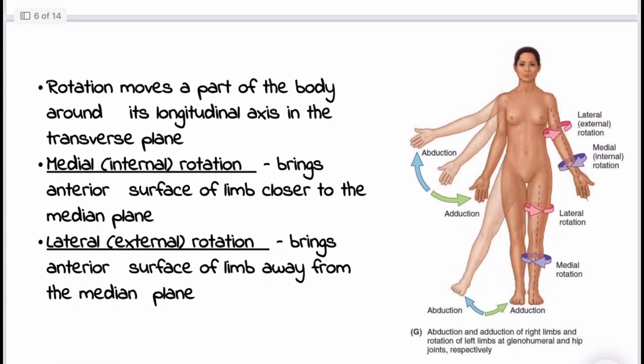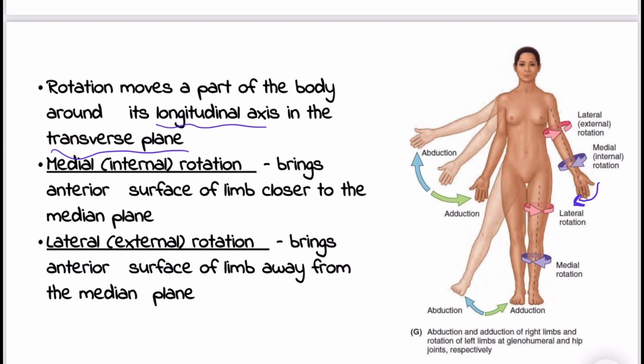Now, rotation moves a part of the body around its longitudinal axis in the transverse plane, and medial or internal rotation brings anterior surface of the limb closer to the median plane. You can see medial or internal rotation of the arm going towards the median plane.